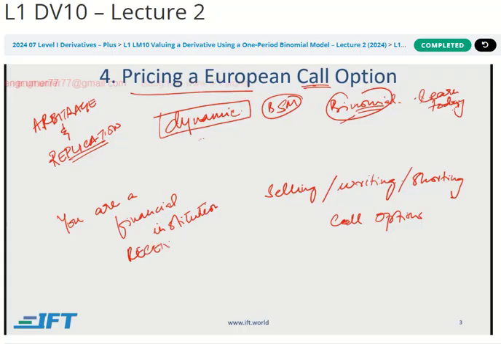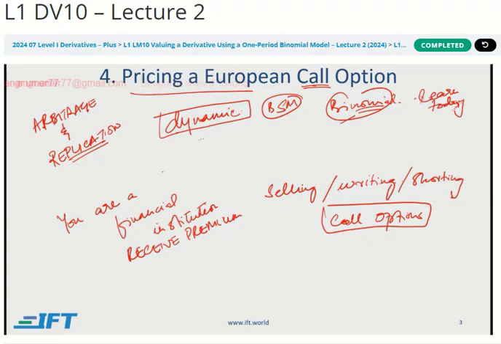Now, financial institutions do this. They sell options and they receive the premium for those options. But how do they protect themselves? Because in case the stock price goes up, they will lose a lot of money, because whoever has bought the call option will come and execute the right to buy.